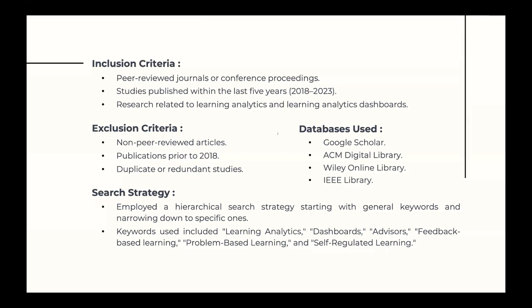And also leveraging the expansive reach of databases like Google Scholar, ACM Digital Library, Wiley Online Library, and IEEE Library, we navigated through a vast array of academic sources to compile a nuanced and diverse selection of 21 papers related to our research questions.